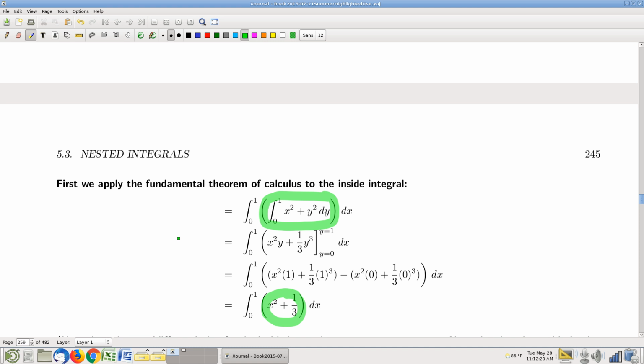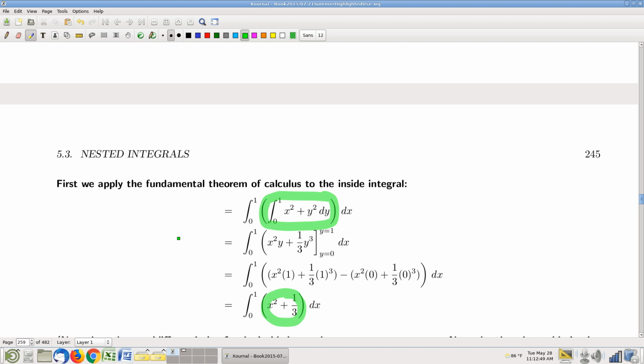And now what do we do? How do we do this outside integral? What are the landmines? What do I do with the y's in here? I know to treat x as a variable because it's a dx integral, and so x is ranging from 0 to 1. But what about the y's? Notice there are no y's. We plugged in for them. The y's were a dummy variable for the inside integral that's not there anymore.